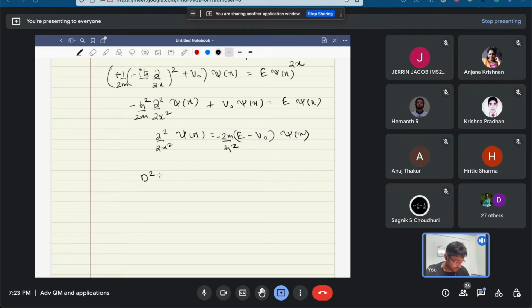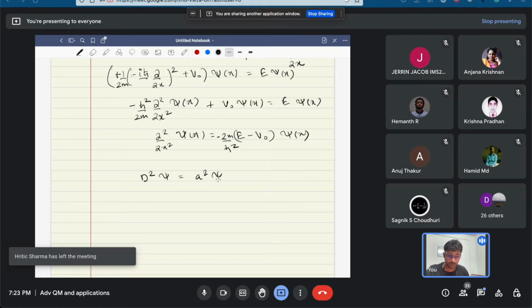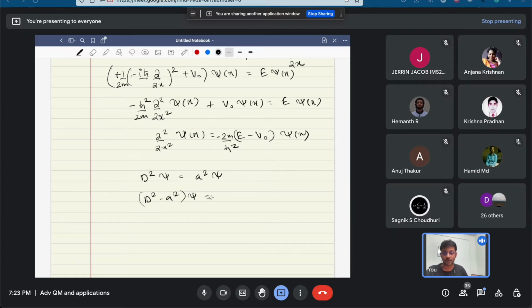Now a general double derivative or linear differential equation has something like, if you write in this form, d squared equal to a square psi, where a is some positive number, then what you have essentially is d square minus a square. This is what you might have already read about in the mathematical physics course.